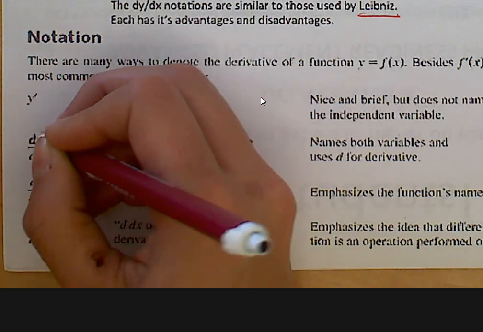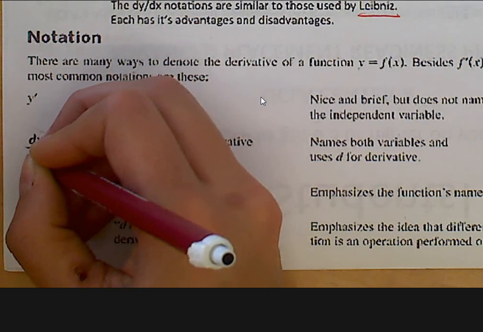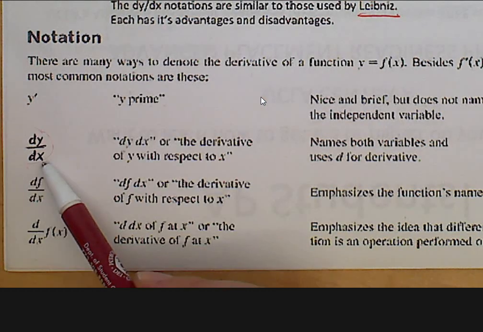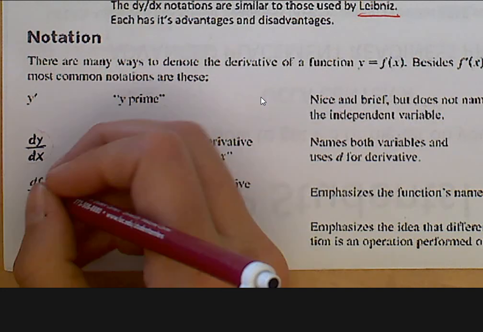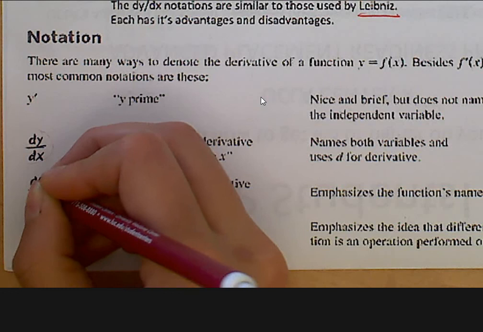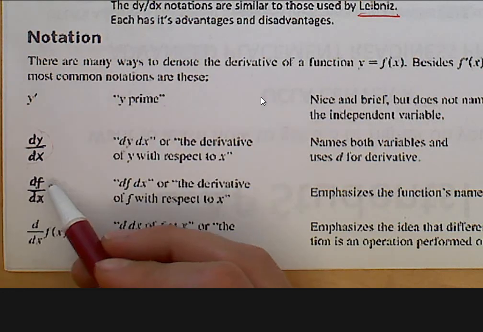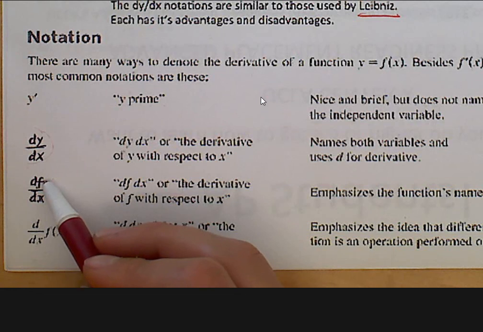So y is the function we're taking the derivative of, and x is the variable used in the function. Really similar is this df dx. This is just if we have a function name, like f of x or g of x or h of x, we could say df dx, the derivative of f with respect to x, the variable.